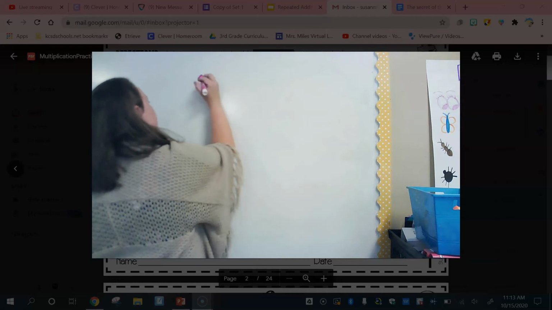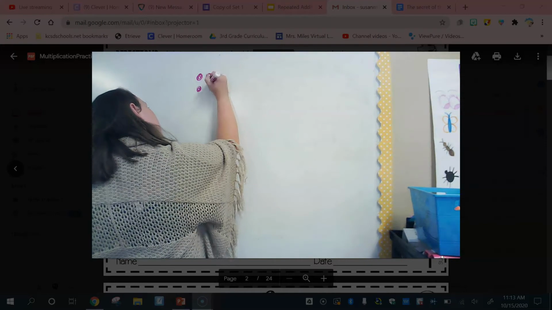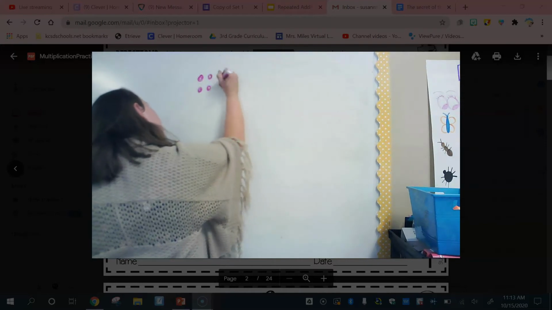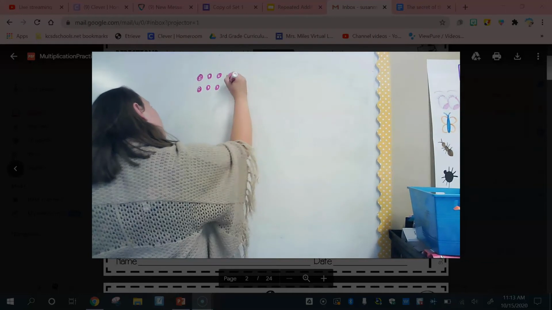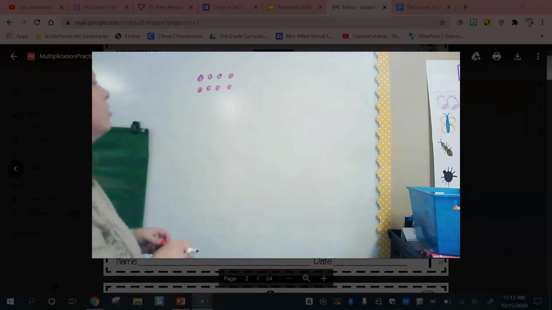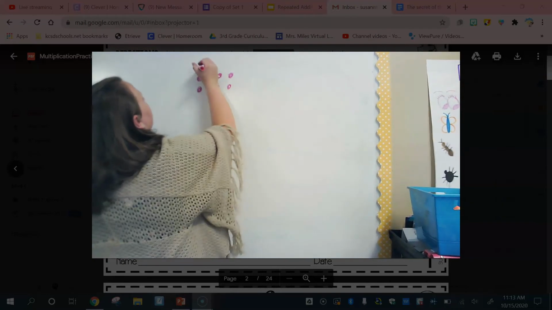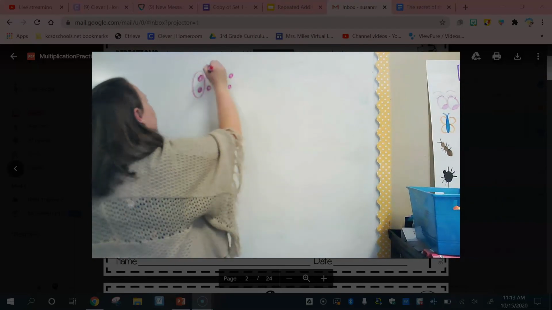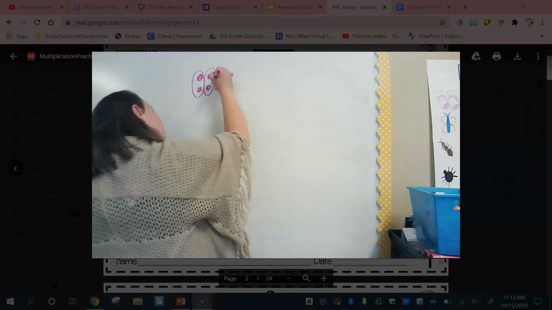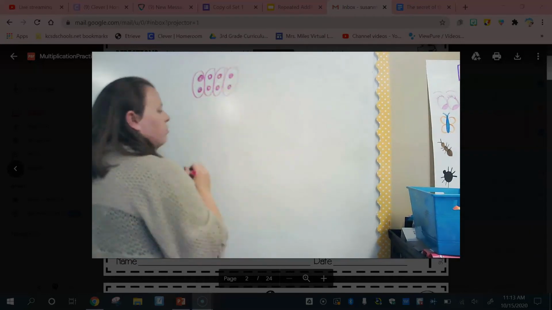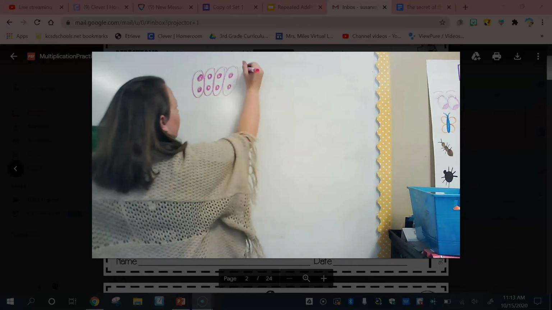All right, so we have four columns of 2. Here's 1, 2, 3, 4. And we're trying to find out how many dots there are in all.